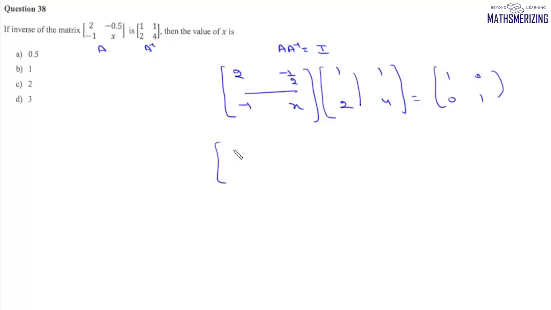So here it will be 2 minus 1 will be 1, and then 2 minus 2, 0. Here it will be minus 1 plus 2x, and then it will be minus 1 plus 4x, and it should be equal to 1, 0, 0, 1. Now we'll compare, we'll get the value of x as 1 by 2. So we'll put x as 1 by 2 here, then we'll get this value as 1. So answer to this question is value of x should be 1 by 2, which is 0.5, option A.